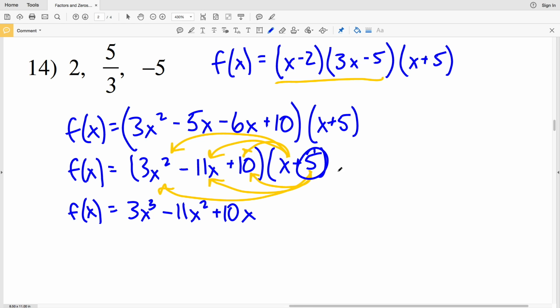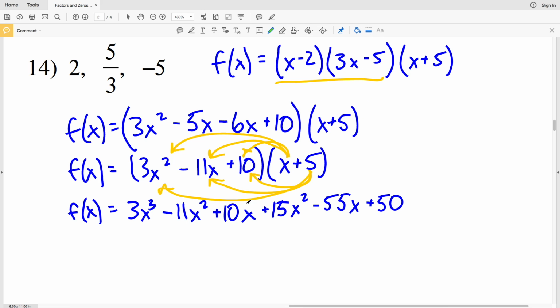Now let's look at multiplying 5 to each of the terms. 5 times 3x squared is 15x squared. 5 times 11x is 55x, and that's going to be subtracted. And then 5 times 10 is 50.